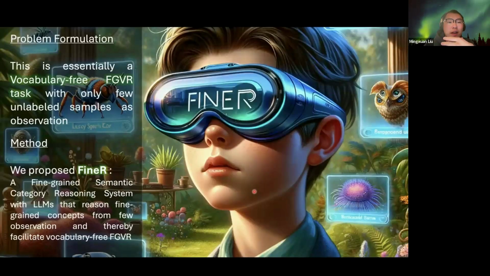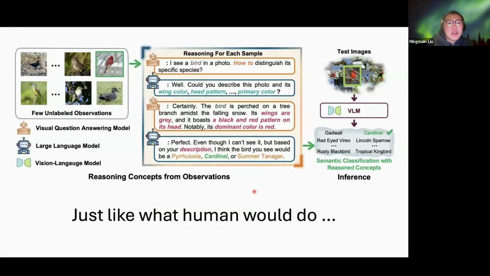First, we defined this as a vocabulary-free fine-grained visual recognition task. We would like to discover the vocabulary from unlabeled data and then use this vocabulary to conduct the subsequent recognition process. Through this, we would like to build a system that works just like a human does.